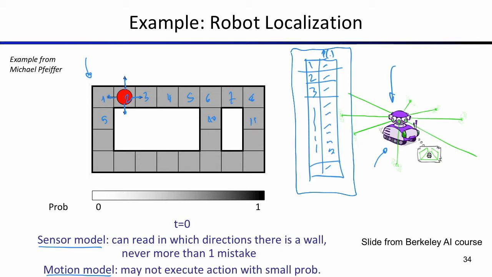At the same time, we have the transition probabilities that tell us how we update those probabilities from time t to time t plus 1. And these transition probabilities will not be perfect as well, because we have this motion model that says that we can move to the next position or not, and we can stay in the same position with a small probability. So this is the idea.